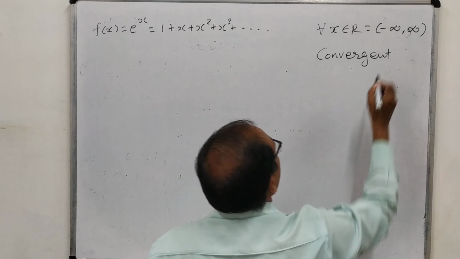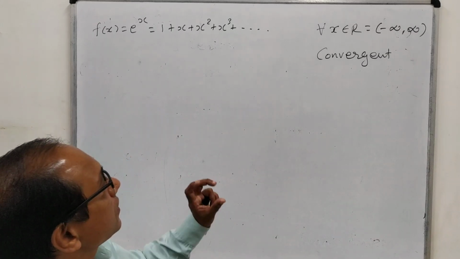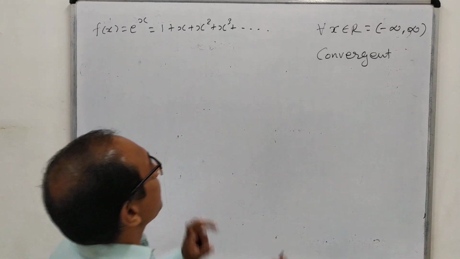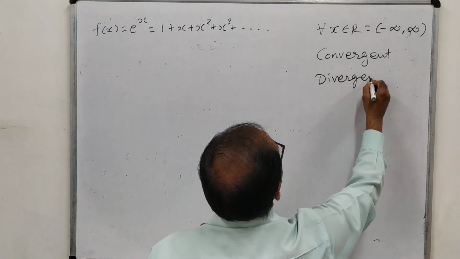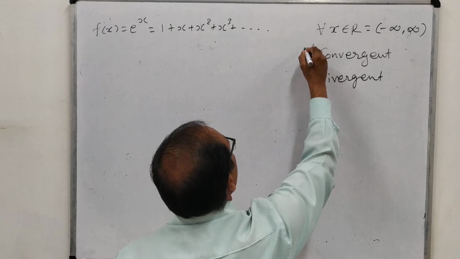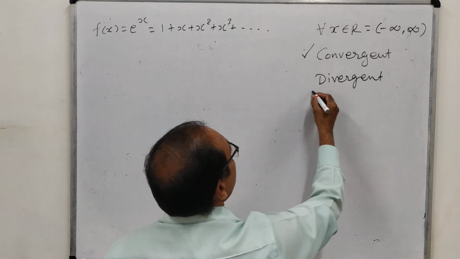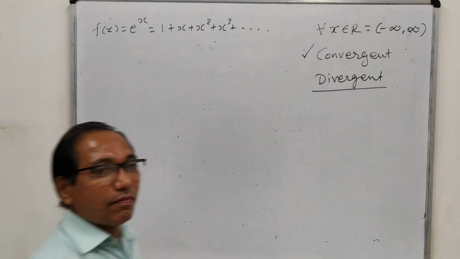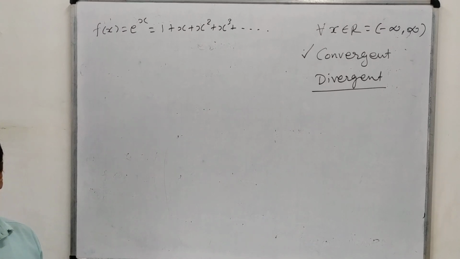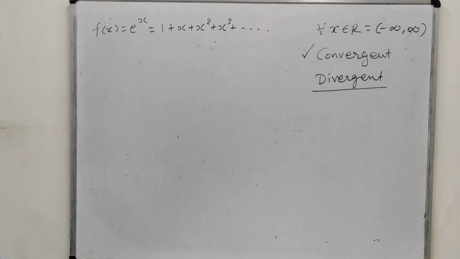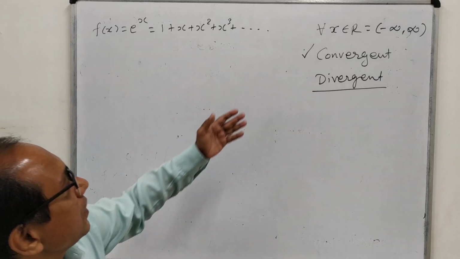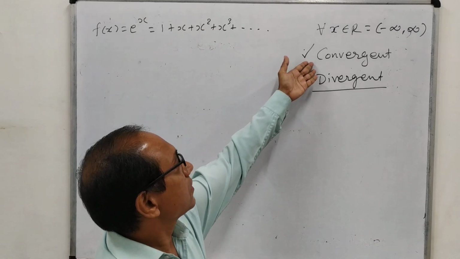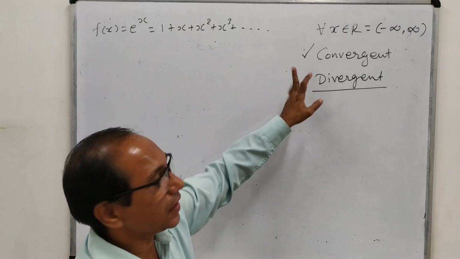You might have seen at school level that series have two types, convergent and divergent. If the series is convergent, then we can use it. If it is divergent, then we cannot use this series in further applications. That means if we want to use a series in some application areas of engineering, then a convergent series has meaning, but a divergent one is meaningless.